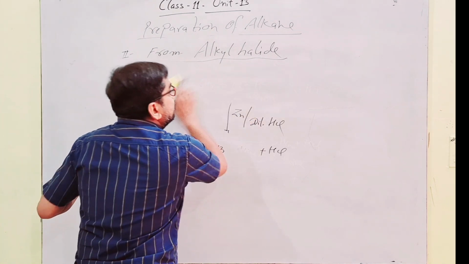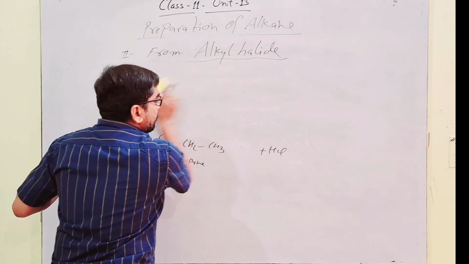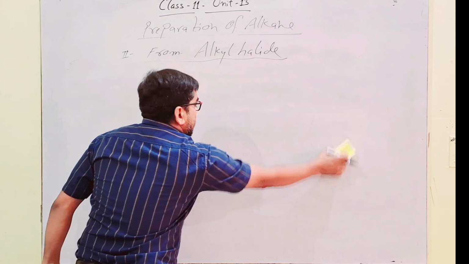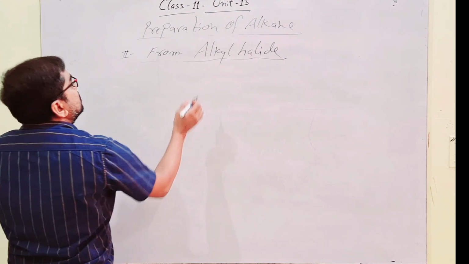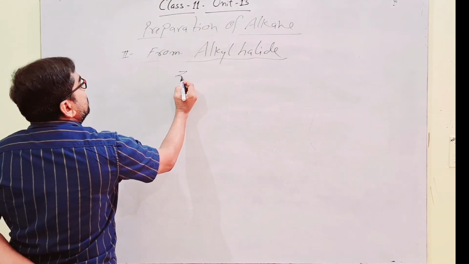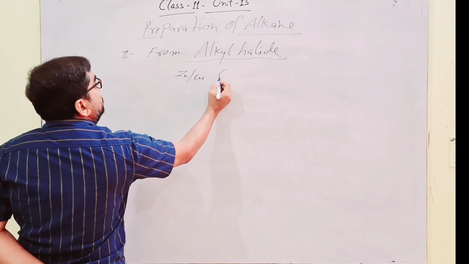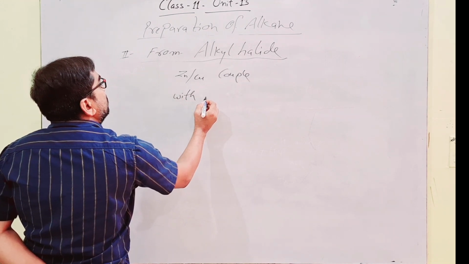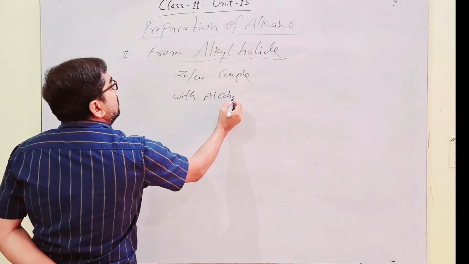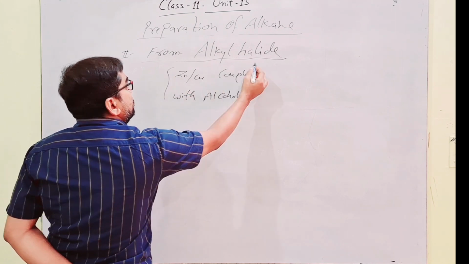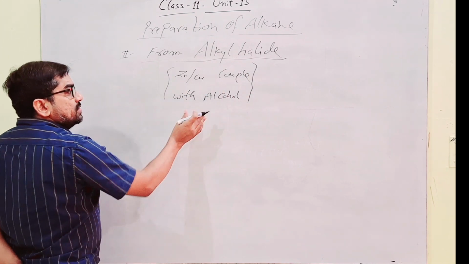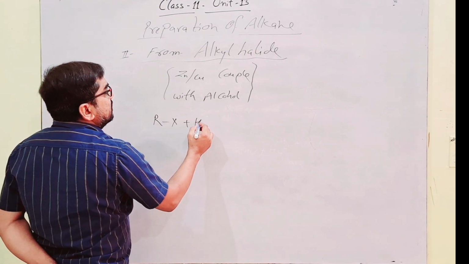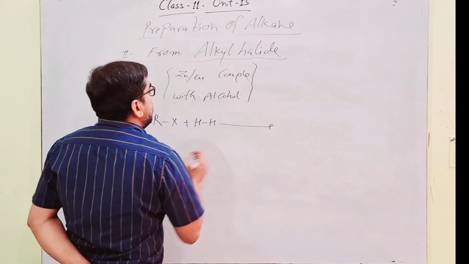Now next, alkyl halides are also reduced by zinc copper couple with alcohol. Zinc copper couple with alcohol is used to reduce alkyl halide and it converts into alkane.